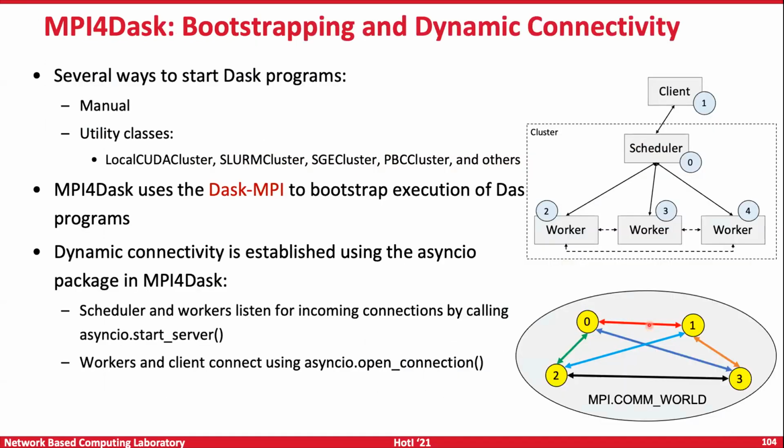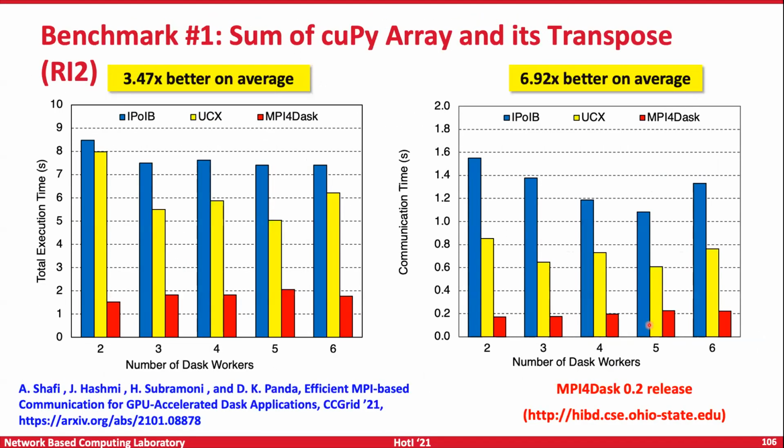I will jump to some of the results that we have. Here I'm presenting benchmark one, sum of a cuPy array and its transpose. On the left-hand side, we are plotting the total execution time for the application. On the x-axis, we have the total number of Dask workers. Each worker is executing on a single GPU.